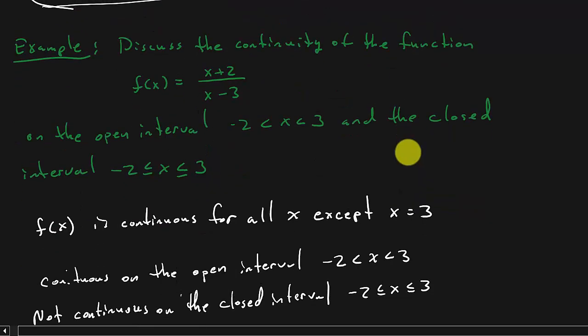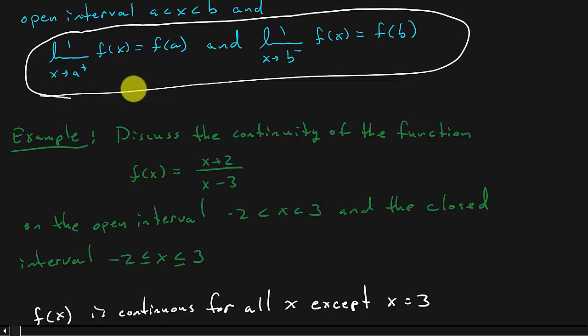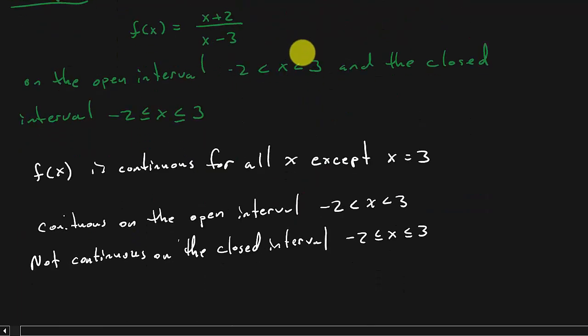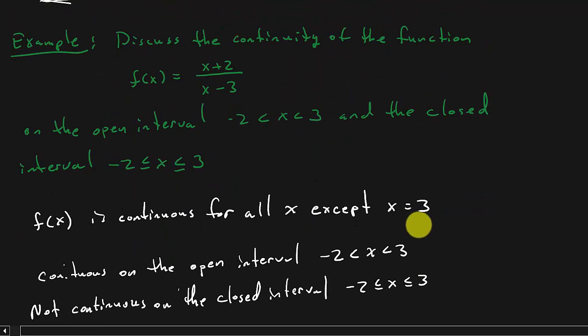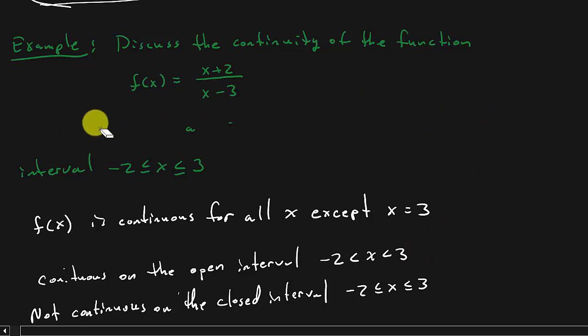So we know it's continuous on the open interval, but for the closed interval, we've got to show that the limit of f of x as x approaches a from the right. Okay, so let me erase this so I can come up here and write it. So that means it's the limit as x approaches 3. No, I'm sorry, not 3.